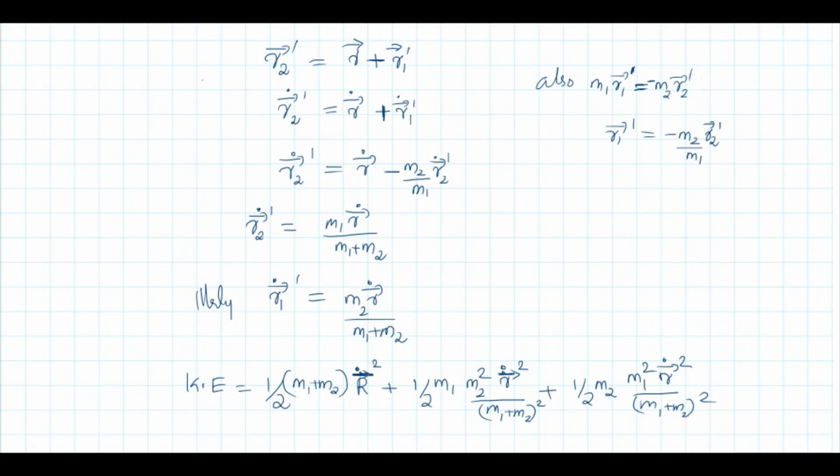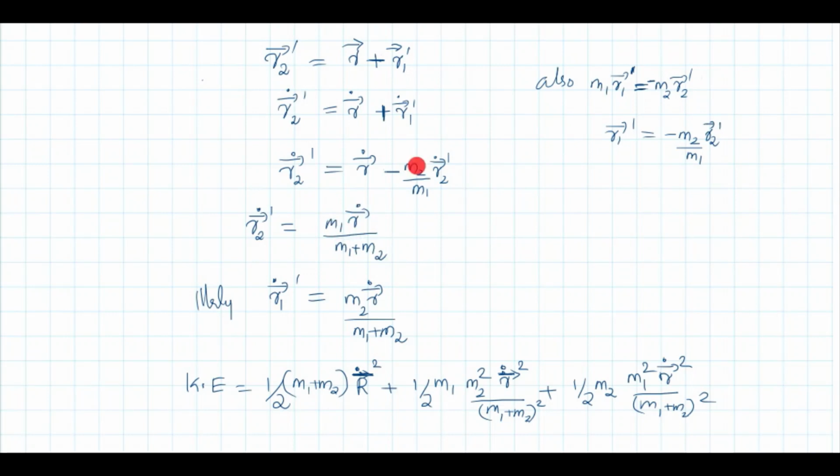Taking the derivative from here and substituting back in this expression, you will get r2 prime dot is equal to r dot minus m2 by m1 r2 prime dot. This will give you a relation for r2 prime dot in terms of r dot, and that is m1 r dot divided by m1 plus m2.